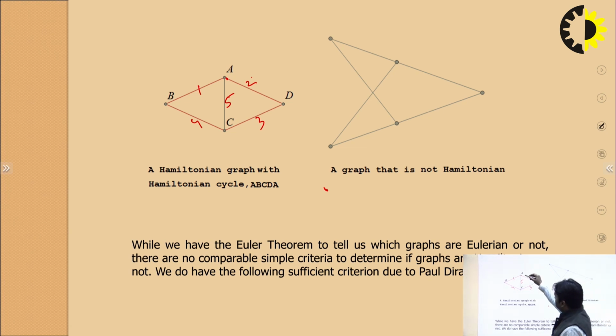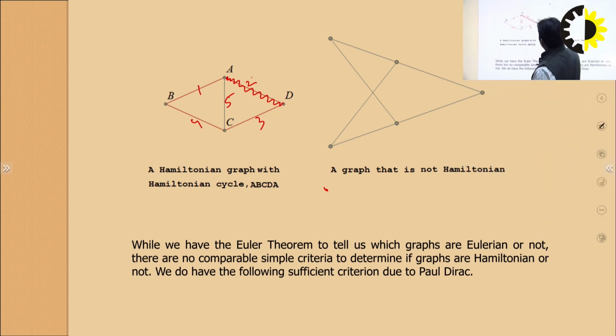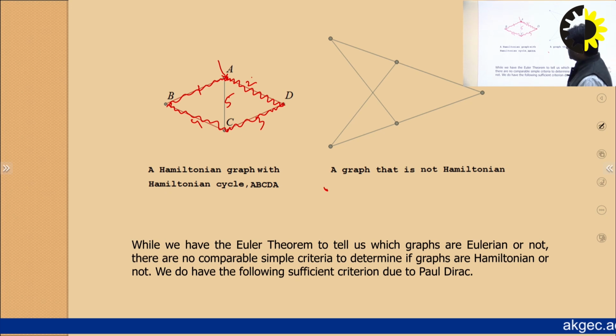Here we start with vertex A, then go to D, then C, B and A. Start and end points are the same, so it forms a cycle.